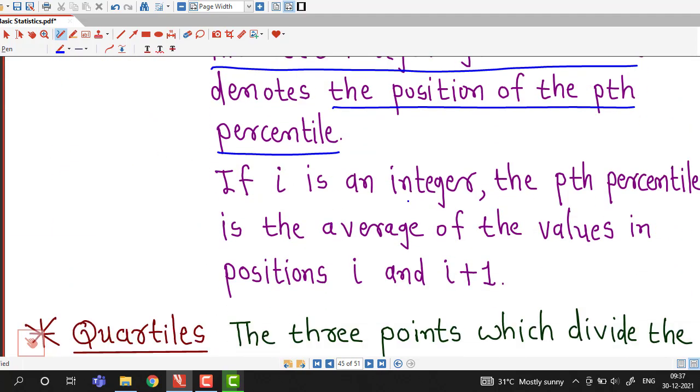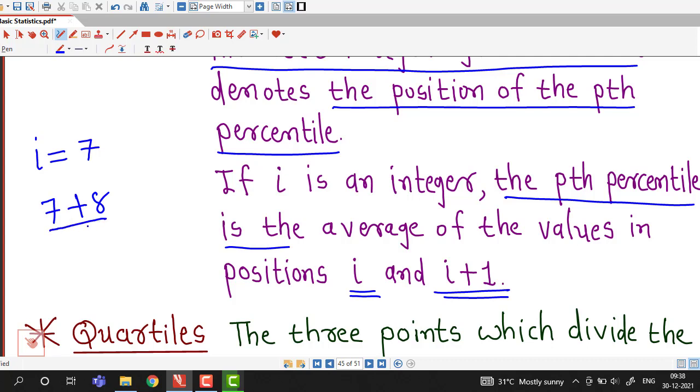Now if I is an integer, then the pth percentile is the average of the values in positions I and I plus 1. For example, suppose I equal to 7, then we will take the average of the 7th and 8th positions. So we will find the pth percentile as the average of the values in positions I and I plus 1.